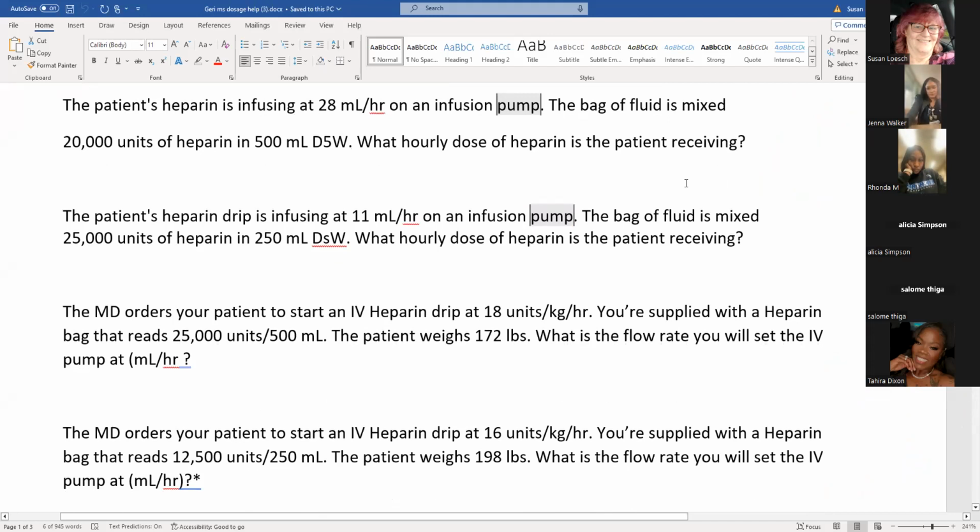All right, so this one says, what hourly dose of heparin is the patient receiving? Okay, so in order for you to calculate this problem, you know that he's getting 28 mLs per hour. You have to determine how many units are in each mL. Okay, so you have 20,000 units in 500 mLs.